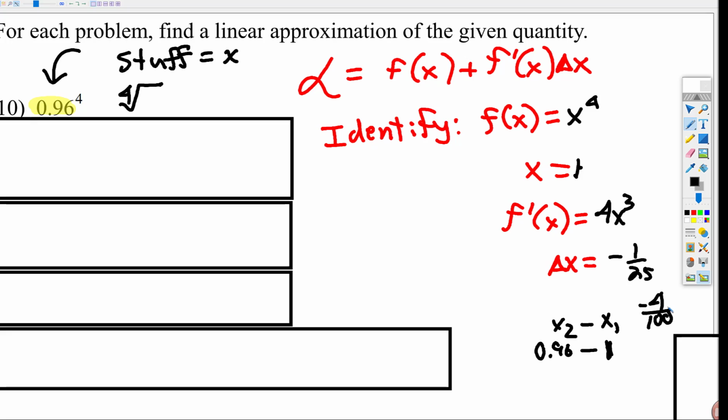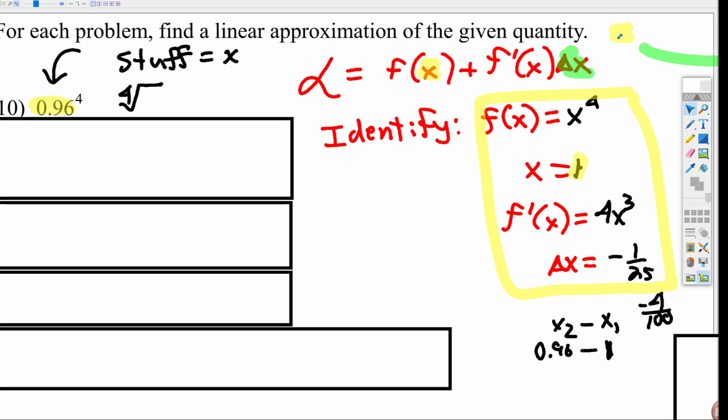So now that we have defined our values, the x will go there, and then the delta x. I think I just reversed the colors. That's probably not good. Yikes.